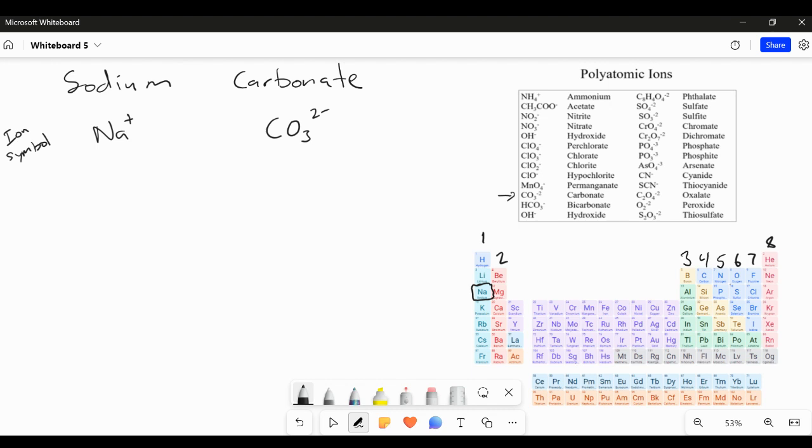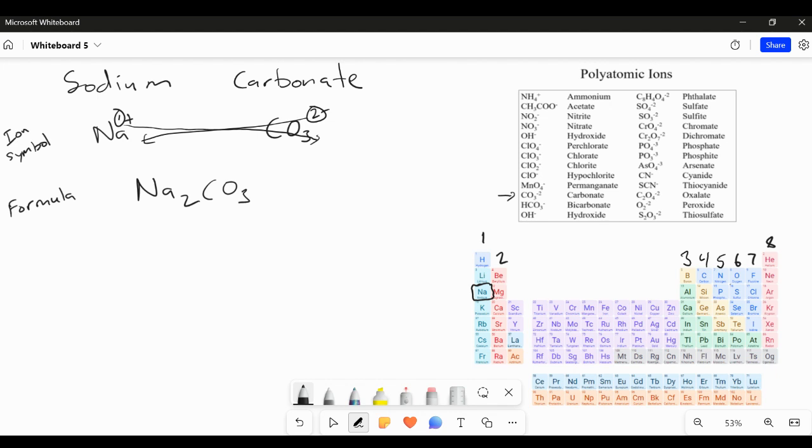So I want to write a formula for an ionic compound. Okay. So to do this, I'm going to do the crisscross method here. So my 1 from sodium is going to become a subscript for CO3. My 2 over here is going to become the new subscript for sodium. So my formula is going to be Na2CO3. Okay.